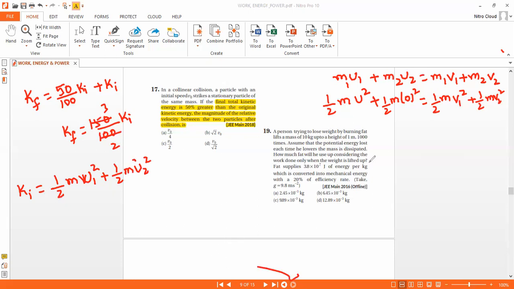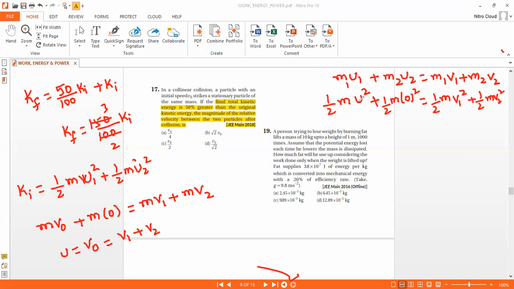Initially, the first particle is moving with a velocity v naught. The second particle is at rest. That is m v1 plus m v2. So I can write v naught, that is nothing but u, equal to v1 plus v2.